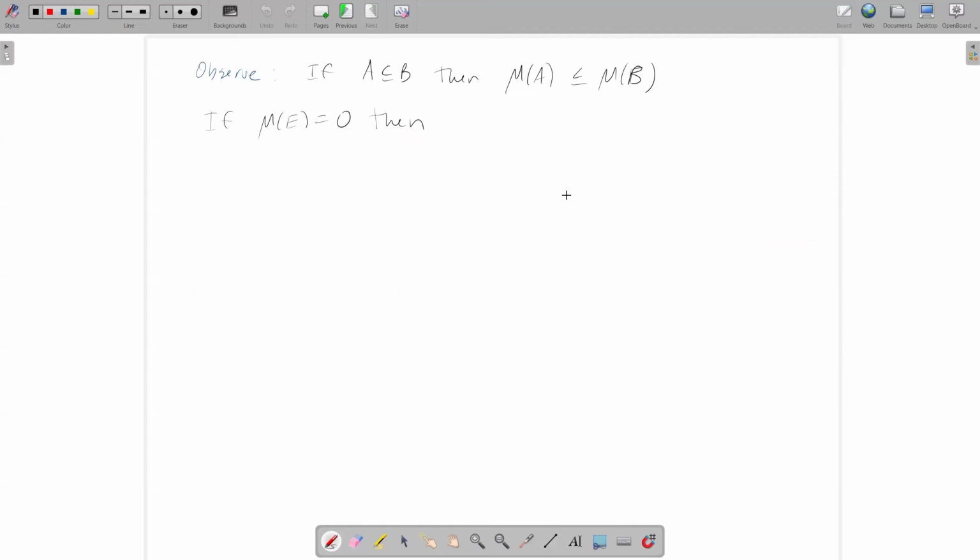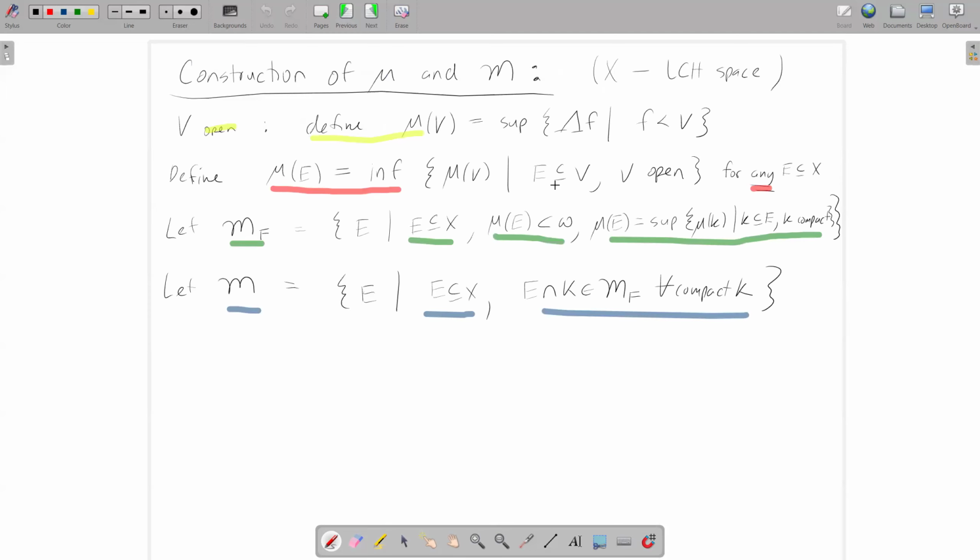Right, so if the measure of E is equal to zero, then E is in MF, right? Notice again, it satisfies these three conditions. And if you intersect it with a compact set K, it'll be a subset of E, and therefore it's going to satisfy all of these as well, right?